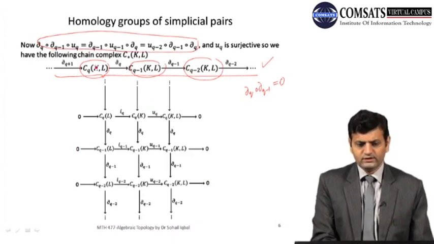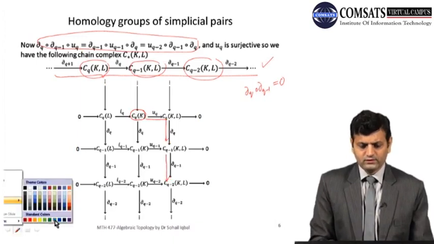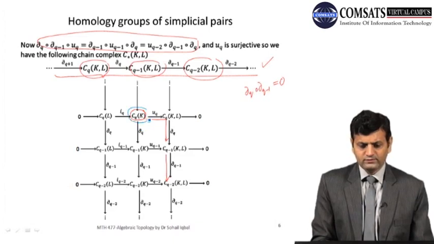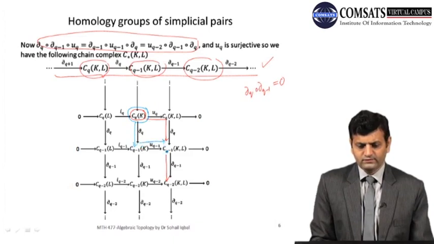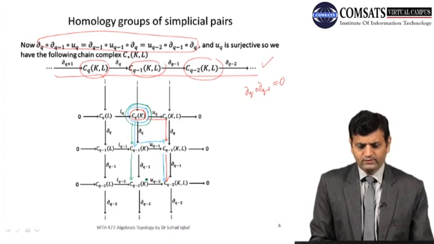Starting from C_q^K, applying U_q, then this partial q and this partial q minus 1, or starting from this C_q, applying this boundary map, then U_{q-1} and then this thing, or starting from this C_q^K and applying this boundary map and this U_{q-1}, we should get the same results.